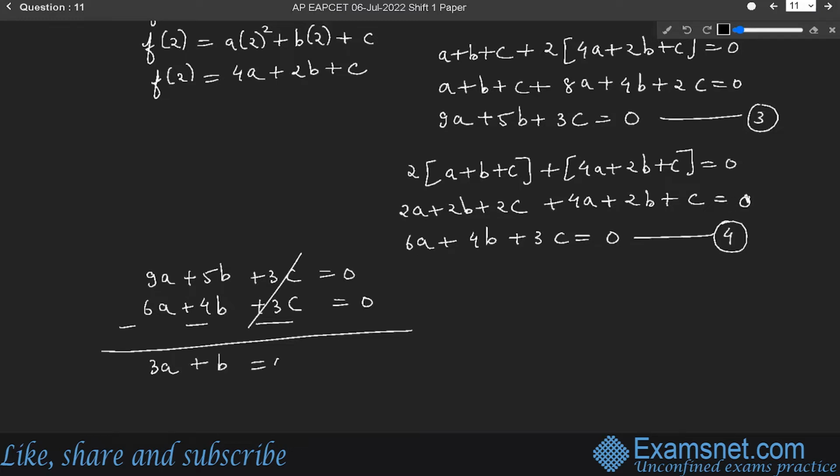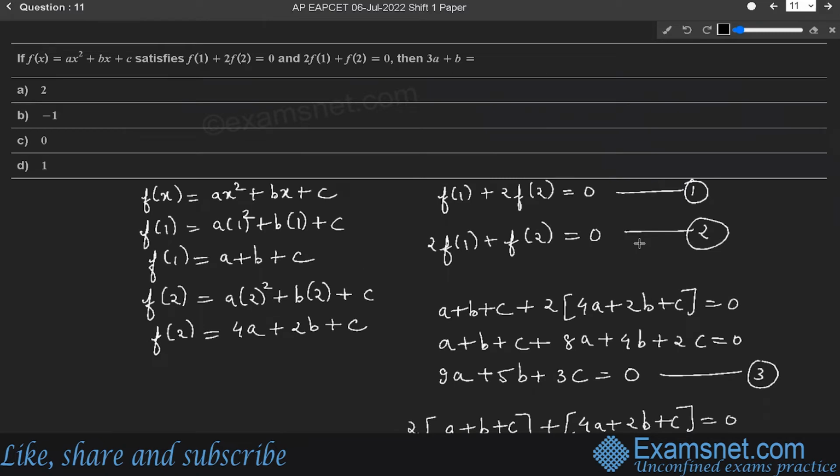So 3a plus b will be equal to 0. And in the question we were asked to find the value for 3a plus b. Hence we can say that for this particular function 3a plus b is equal to 0. Hence option number C is the correct option, which says 0.